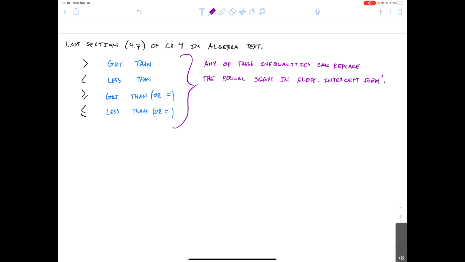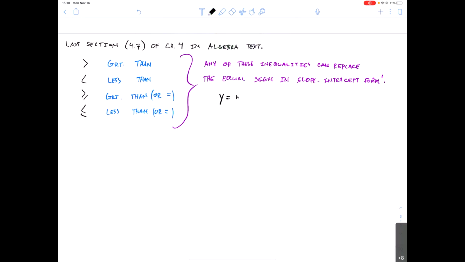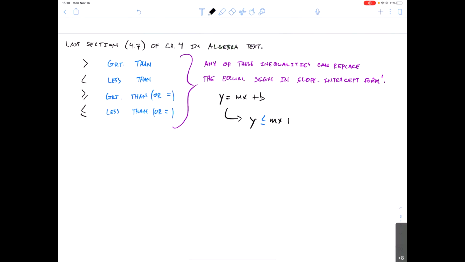In other words, when you move from y equals mx plus b, as we learned, you can easily go to y is less than or equal to mx plus b. But how does that affect the equation? Well, it does and it doesn't.